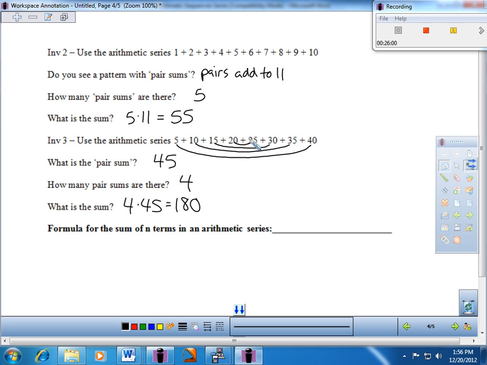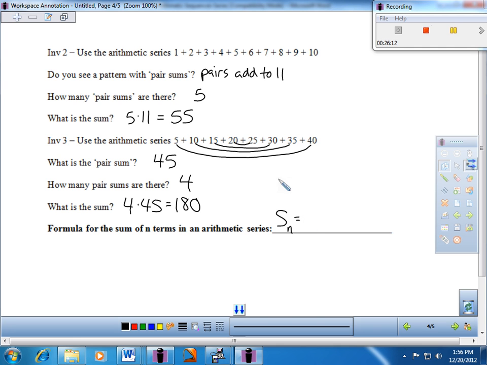So now here's what we're going to do. The sum of the first n terms. Now just conceptually, I'm hoping you're okay with this. We're going to take this number and multiply it by the pair sums. So how many pair sums are there, and what is that pair sum? Well, how do we get the number of pair sums?